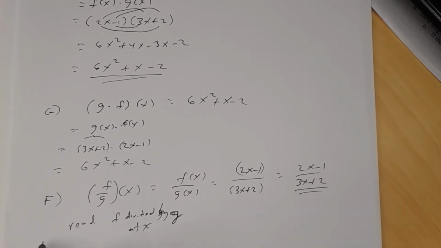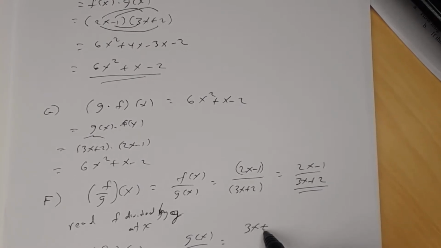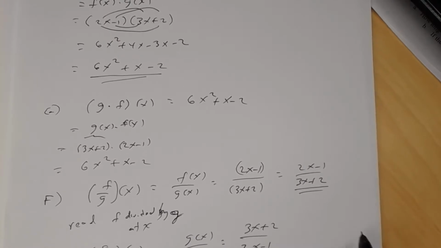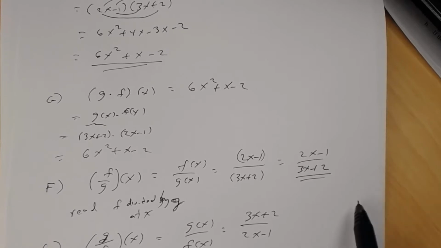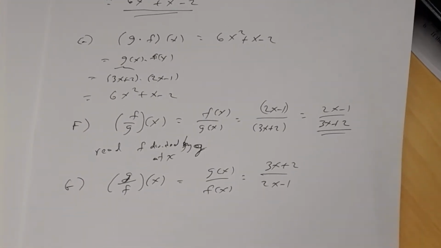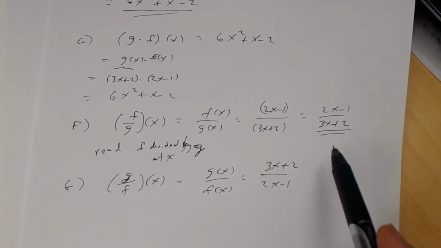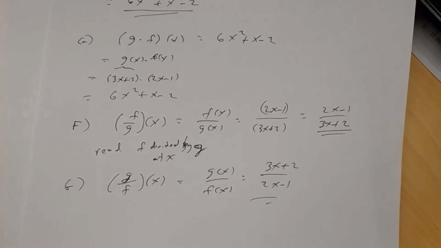And if you had g divided by f at x, then by definition that's g of x divided by f of x, which is just 3x plus 2 divided by 2x minus 1. Now notice those are not the same function. Remember, 3 divided by 2 is not the same as 2 divided by 3. Those are different functions. All right, so that was that one.